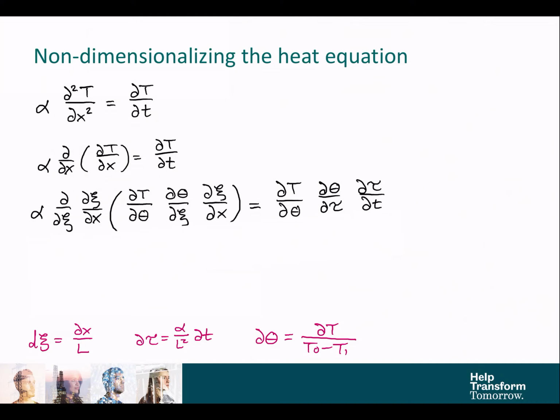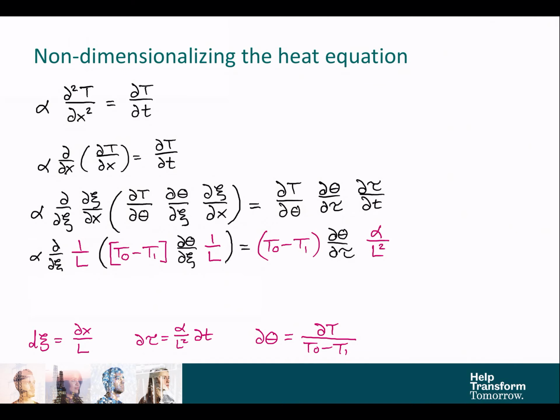So that's the expanded form of our governing equation using our new coordinate system. And now we just have to substitute in for each of those transformational pairs what that value is. So, for example, dX/dx is equal to 1 over L. So we plug that in, and we do that for the temperature pairs and for the time pairs.